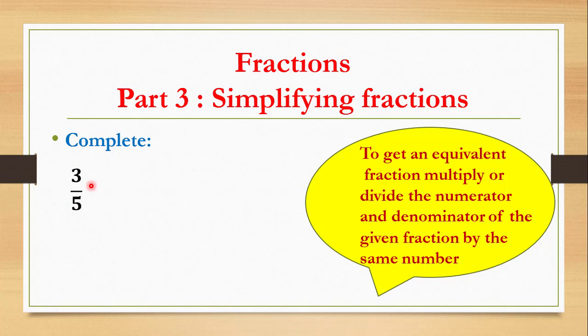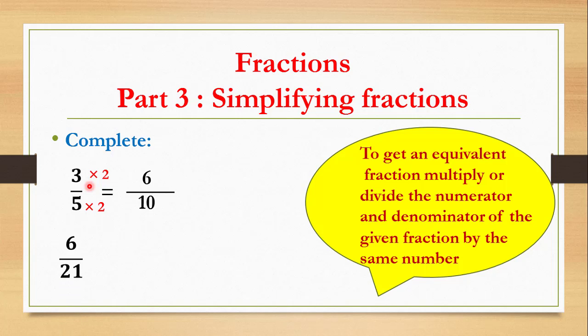For example, number 2. So I should multiply 3 times 2 and also 5 times 2. 3 times 2 equals 6, 5 times 2 equals 10. So 6/10 equals 3/5. Now we have two equivalent fractions.